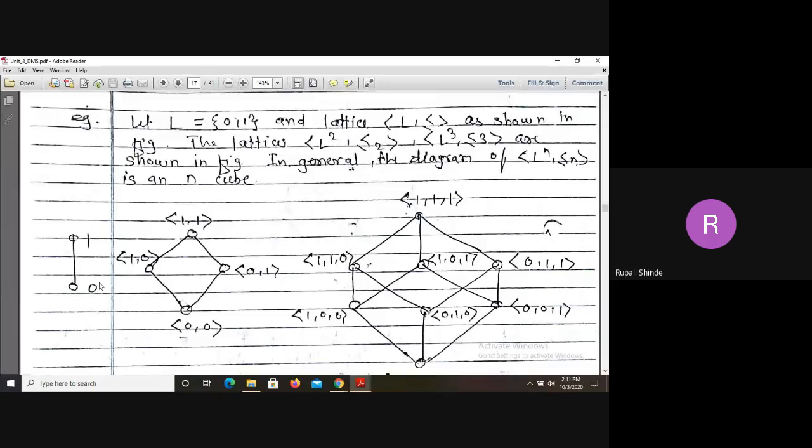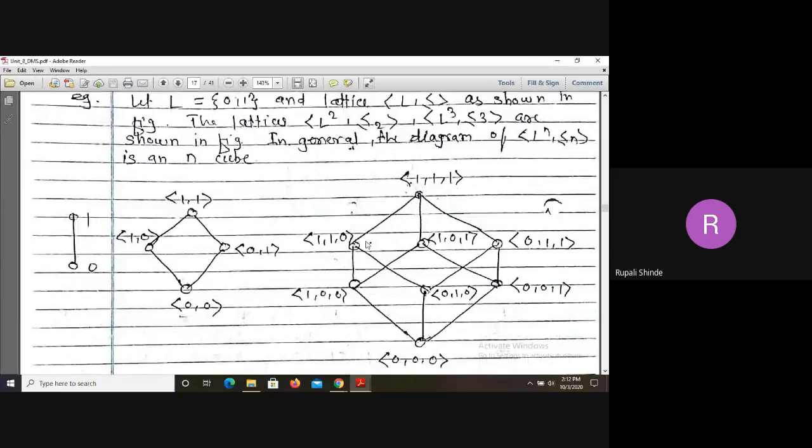In short, this is the given lattice, and which consists of 2 elements 0 and 1. Then lattice L square, this operation is defined on it, that is defined here, and L cube, that is shown here. So these are the lattices, those are formed after taking direct product.